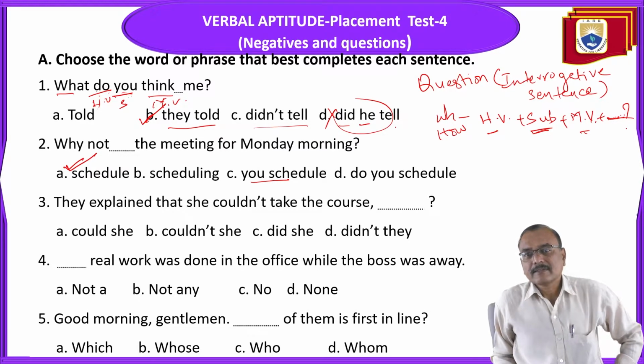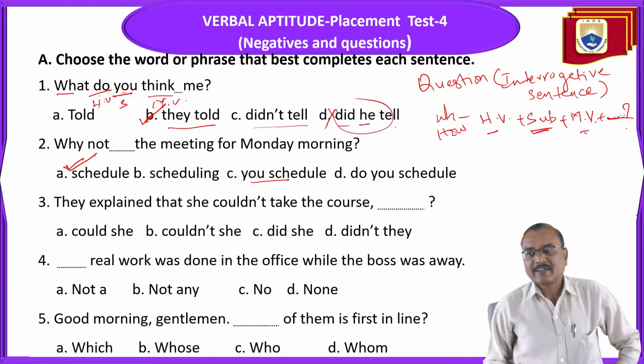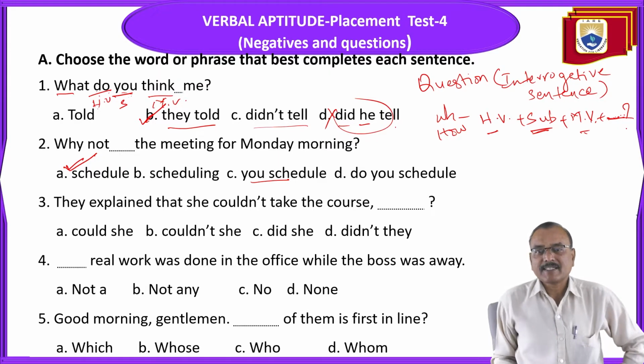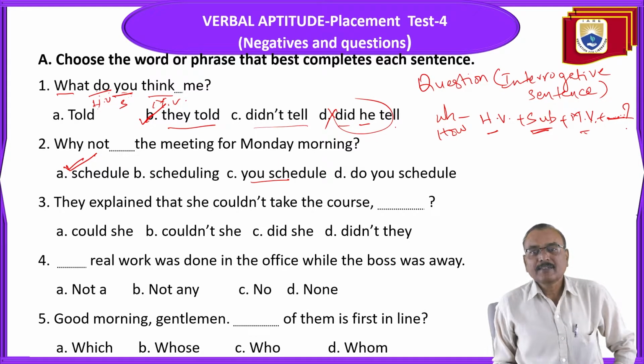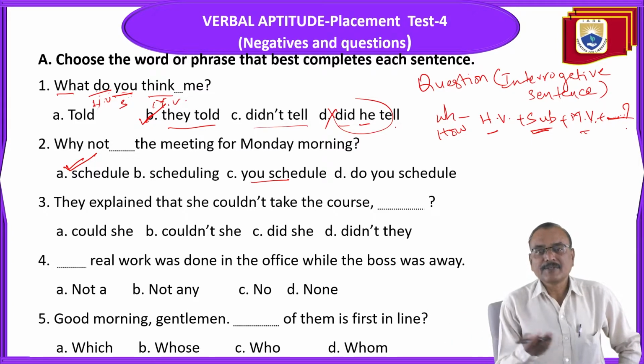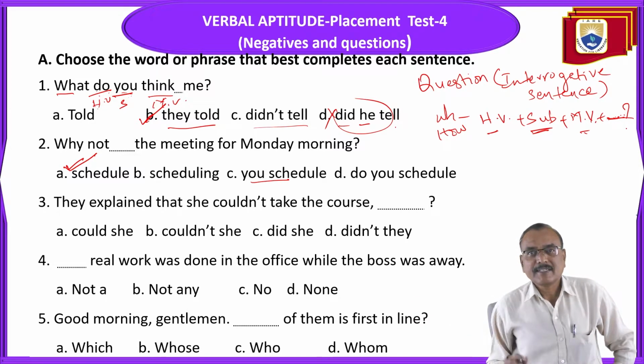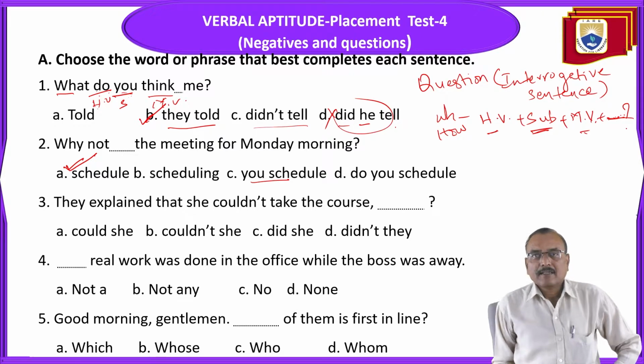In spoken English, you might have heard many sentences like that. Why don't we? Why don't you? Why don't you apply for the job? Why don't you stand in a queue? Why don't you try for it? It is just like a suggestion. Is it clear?